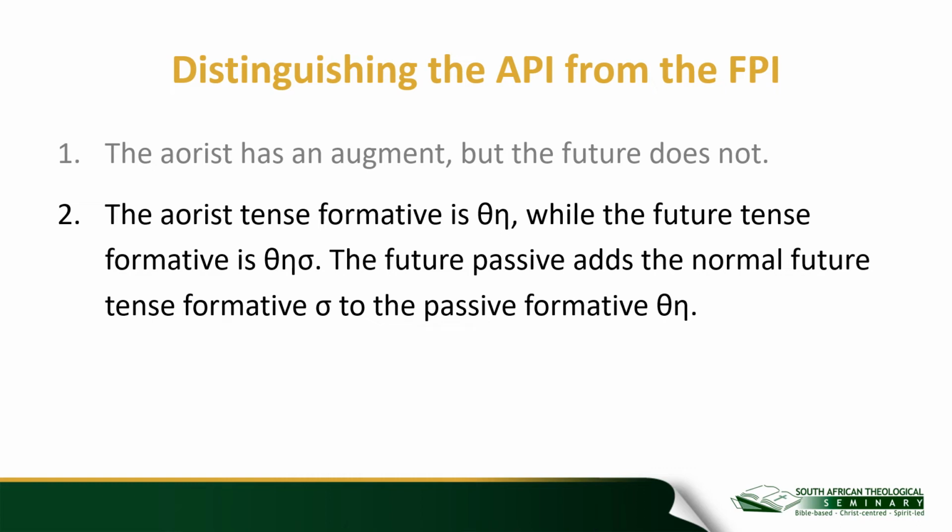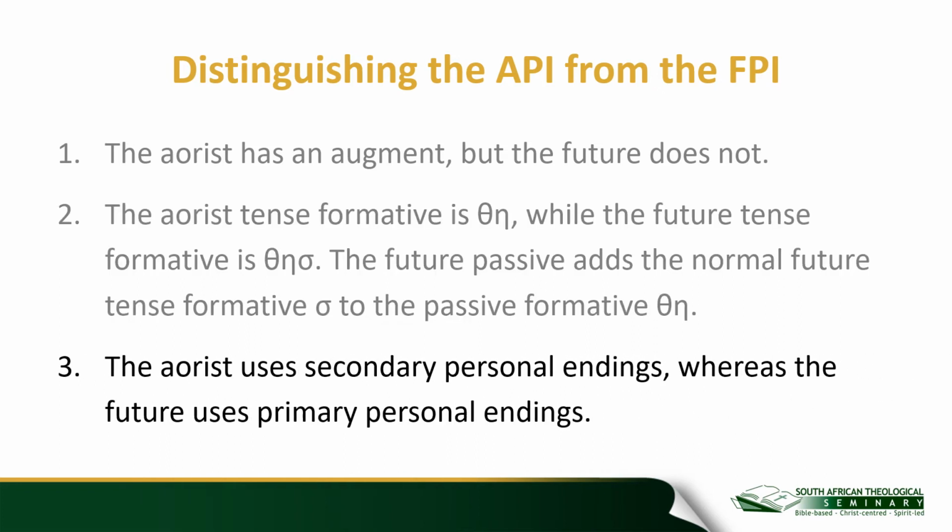Now there is one particular aorist passive form that can be confusing. Remember, the three plural has the personal ending san, so when you put this onto the tense formative you get thēsan. Thēsan is the aorist passive indicative three plural form. Almost any other time you see thēs, it has to be a future passive indicative.